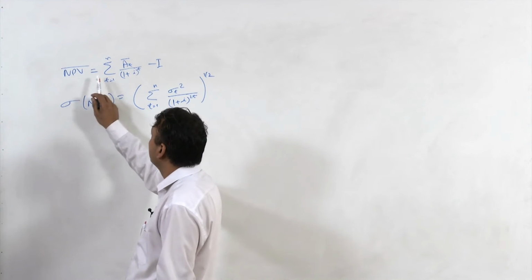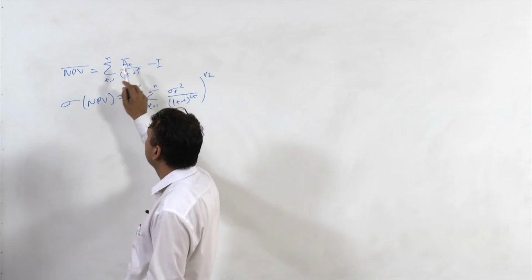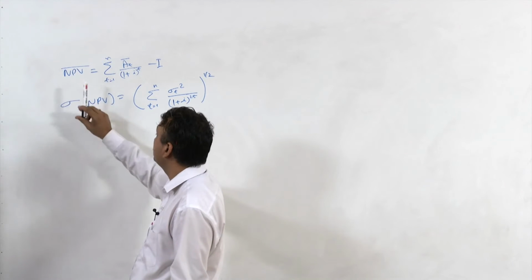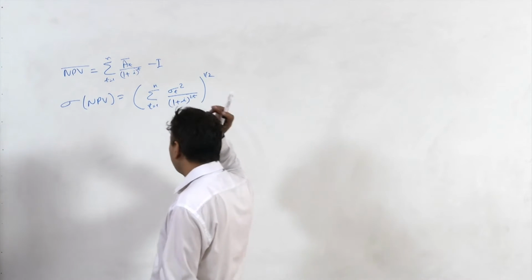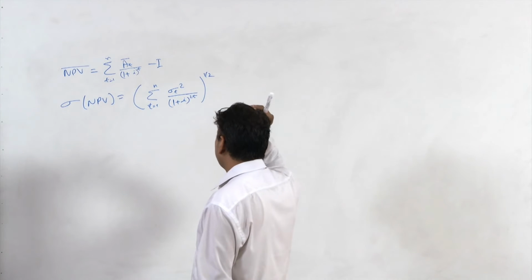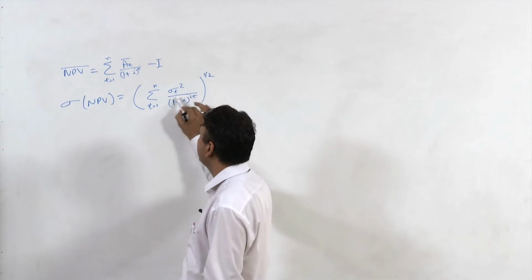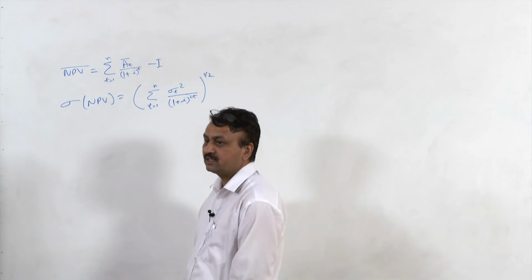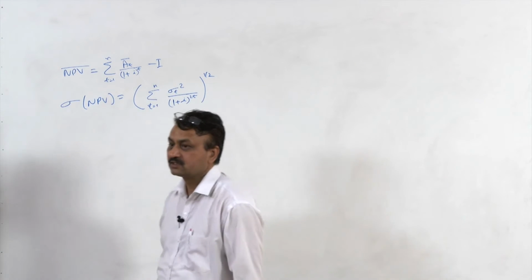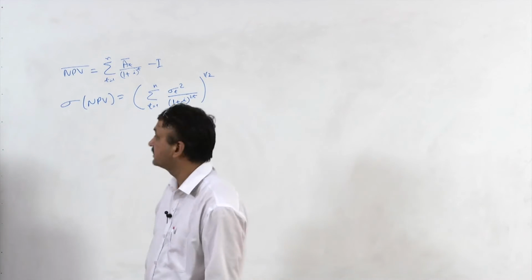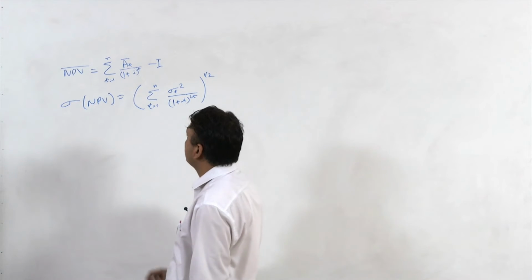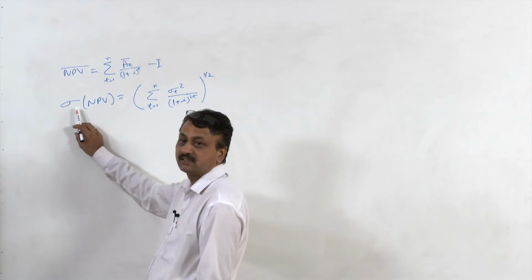So, you need to calculate this NPV. Though we have already calculated NPV for this particular example and our answer was 21.13 lakh, right, isn't it. So, let us look at standard deviation.